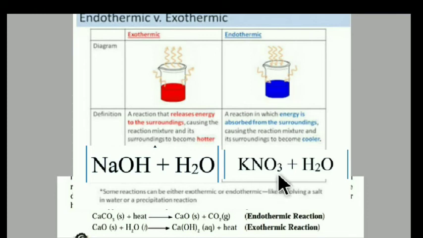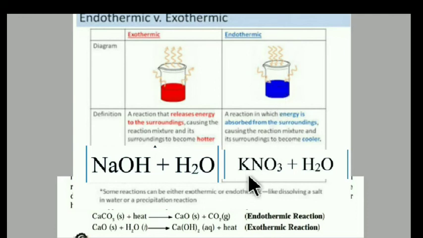Next, endothermic reaction: a reaction in which energy is absorbed from the surroundings, causing the reaction mixture and its surroundings to become cooler. In this reaction, the energy from the surroundings is absorbed into the solution.